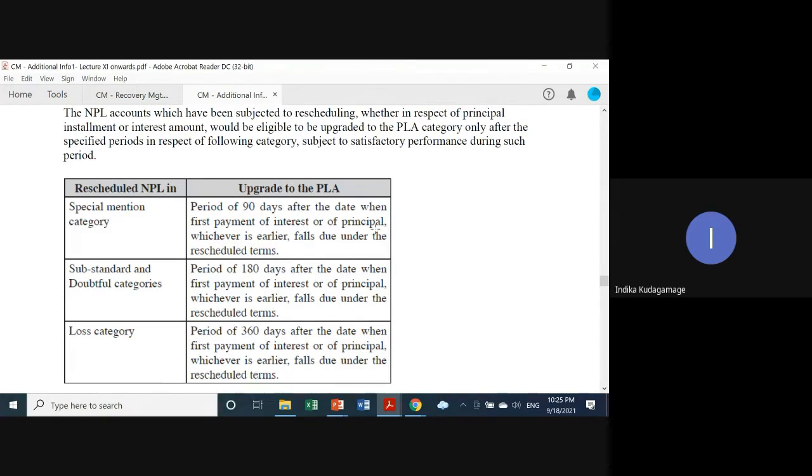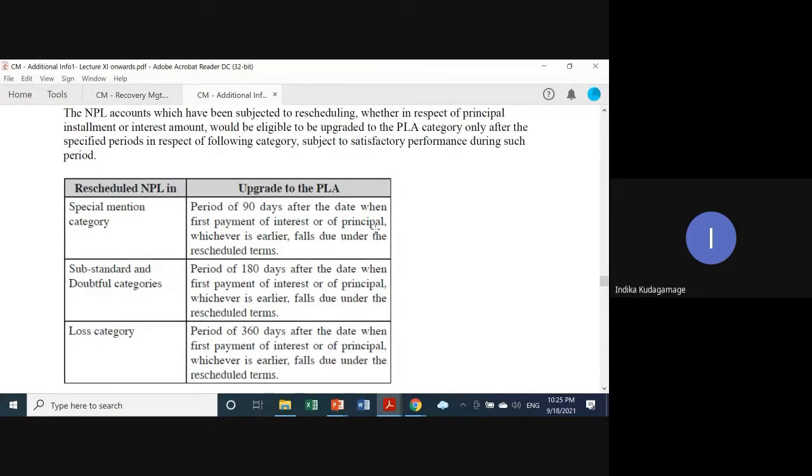You have to keep him in NPA, right? So that is a very final thing, but at least you need to know these tables: specially mentioned, substandard, doubtful, loss. Then how are we going to reclassify a customer?